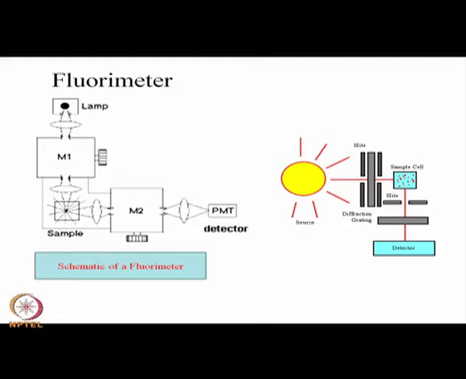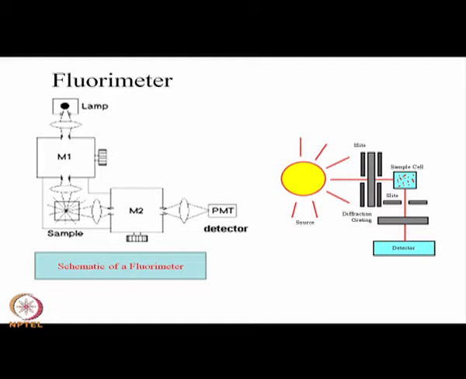Now the point is, since we would like to study fluorescence, we need to have some instrument, like an absorption spectrophotometer, which has the capability of measuring emission.